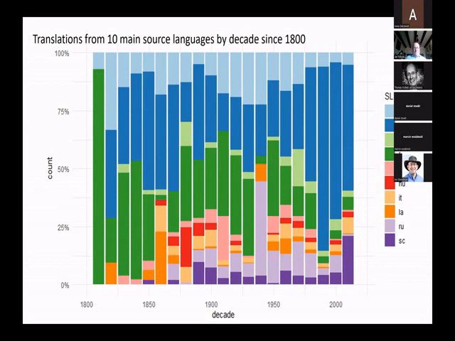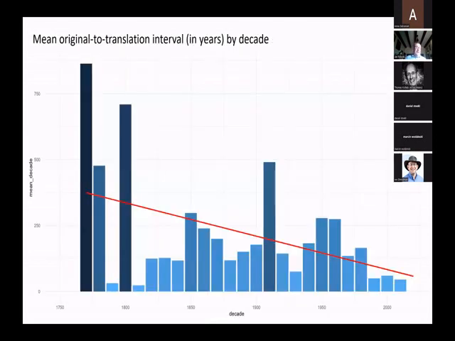Okay. Thank you. Then one interesting thing, and I think this is true of most literatures, look how gradually the time between the original of a foreign work and the translation into Polish was going in a decreasing trend.